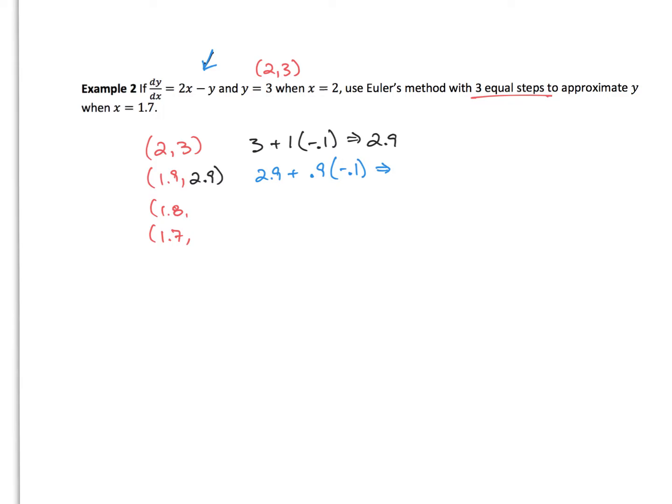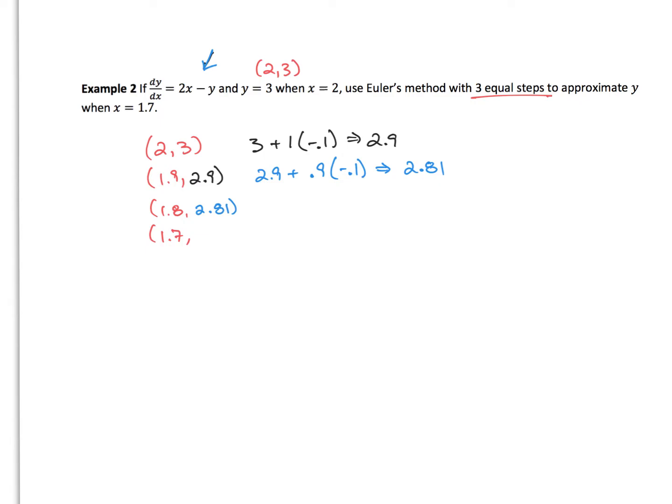Negative 0.09. So now I subtract that, or add that, I guess, to 2.9, and I end up with 2.81. Love it. So now I have the ordered pair as 1.8, 2.81. It's getting better.